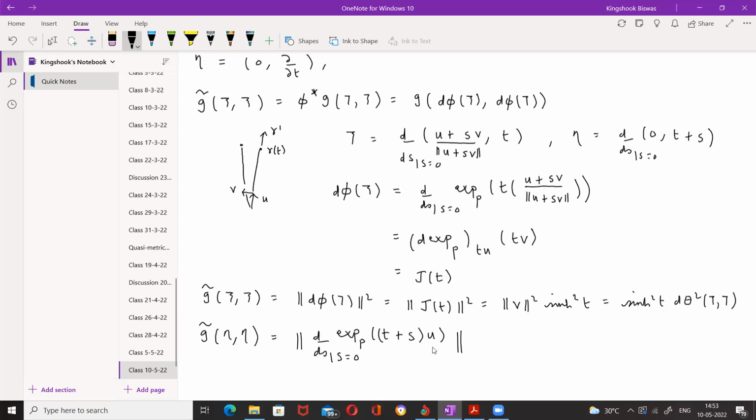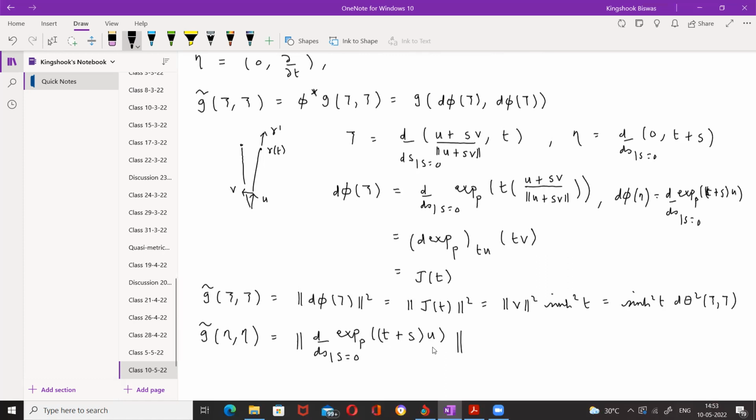So d phi eta is dds at s equal to 0 of exp p of t plus s times u.